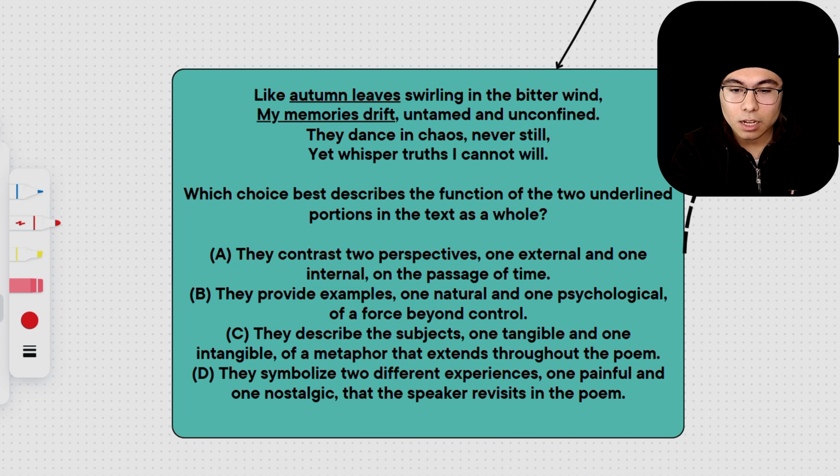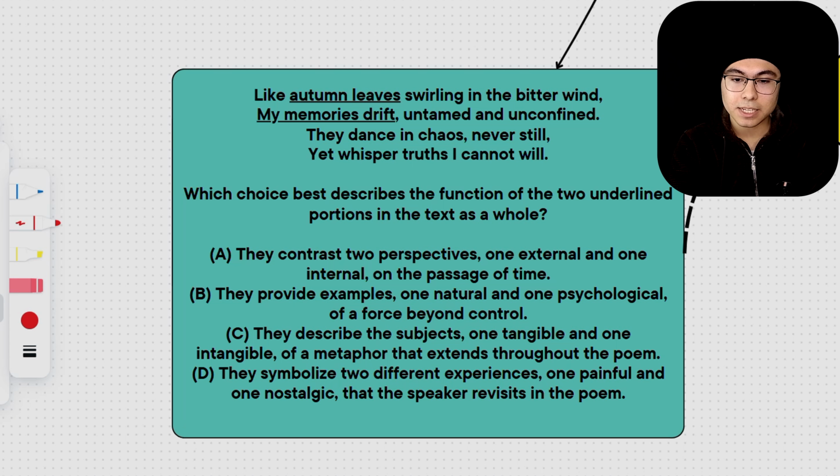Now, choice C: they describe the subjects, one tangible and one intangible, of a metaphor that extends throughout the poem. Yes. The leaves here are tangible, and the memories are intangible, and the poet compares them through a very extended metaphor. So I guess that's a perfect match.